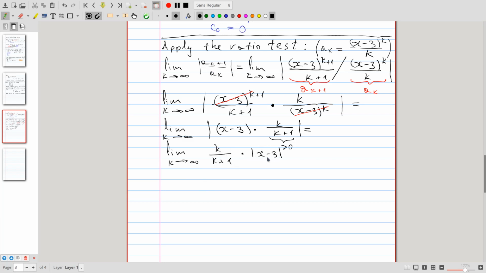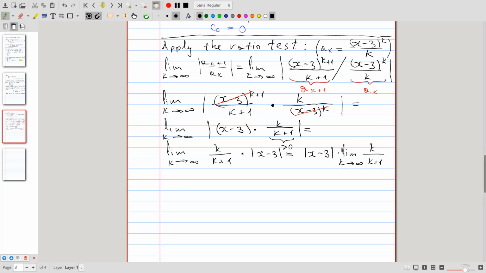This factor is completely independent of k. We may, in fact, just take it outside the limit. So this is independent of k, therefore, in terms of this limit, it is basically just a constant. We are taking the constant outside the limit. And the limit is just k over k plus 1.